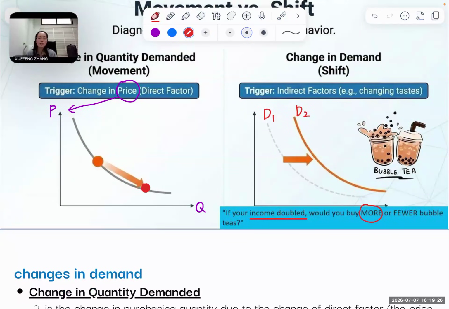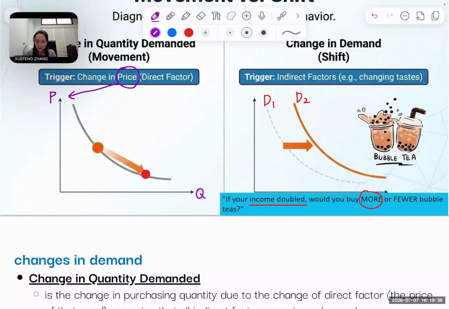We're going to talk about the difference between normal good and inferior good later, but here just a little introduction. So if you said more, bubble tea is a normal good for you.